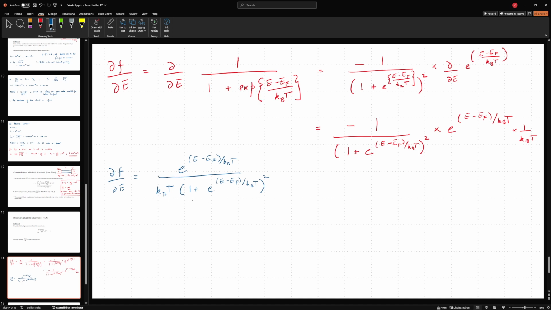So this is what we have. This is the expression at any temperature. This is the general expression.